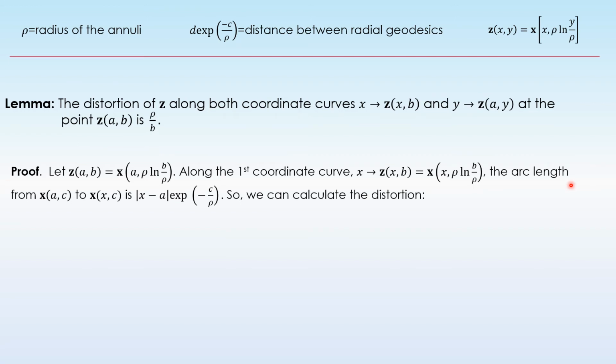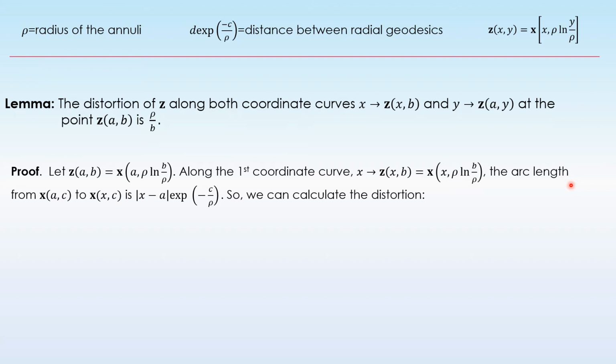So to start the proof, let z of (a, b) equal χ, our coordinate map, of (a, ρ times the natural log of b over ρ), using that definition from the previous slide. Along the first coordinate curve, x goes to z of (x, b). So again, using that definition, we have χ of (x, ρ natural log of b over ρ).